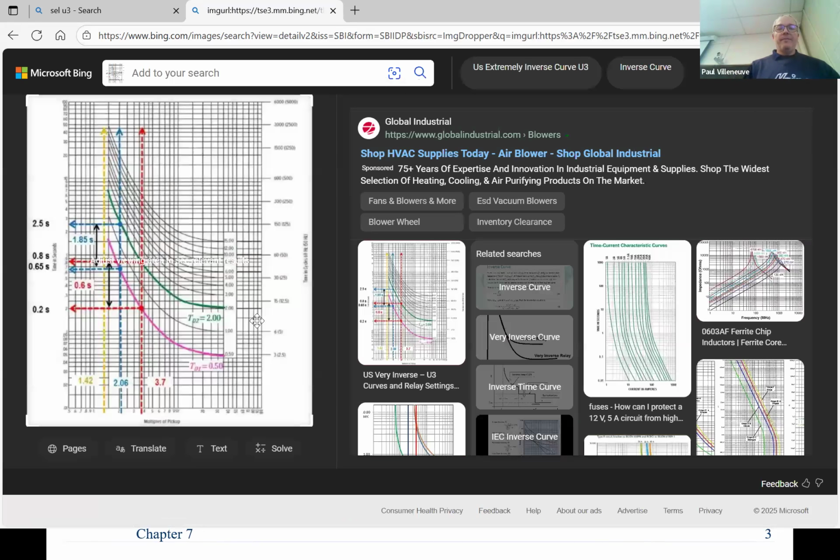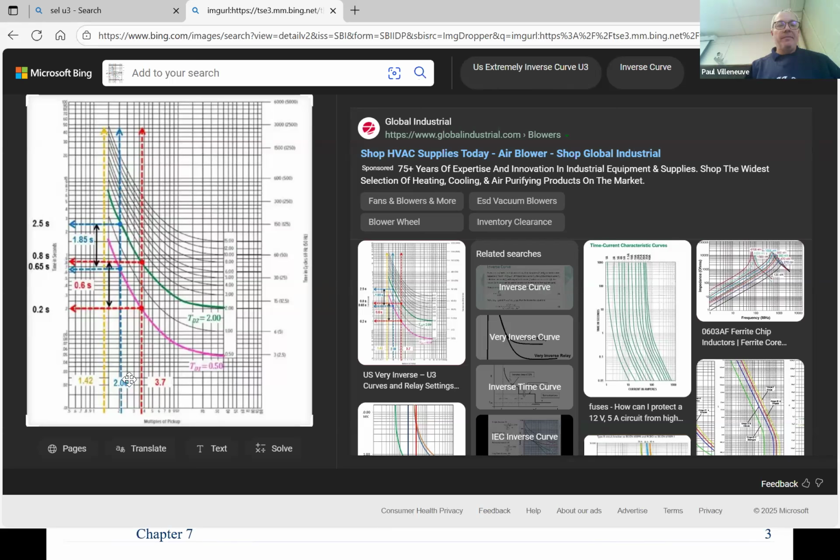Hopefully that's legible. But these are the curves that they set. And if you look very closely over here, it says multiples of pickup. You know what multiples of pickup stands for? I actual divided by I pickup, right? Because if you're 3 times your pickup value, that means your actual current is 3 times the pickup value. That's all it is. And you can see it says time in seconds here.